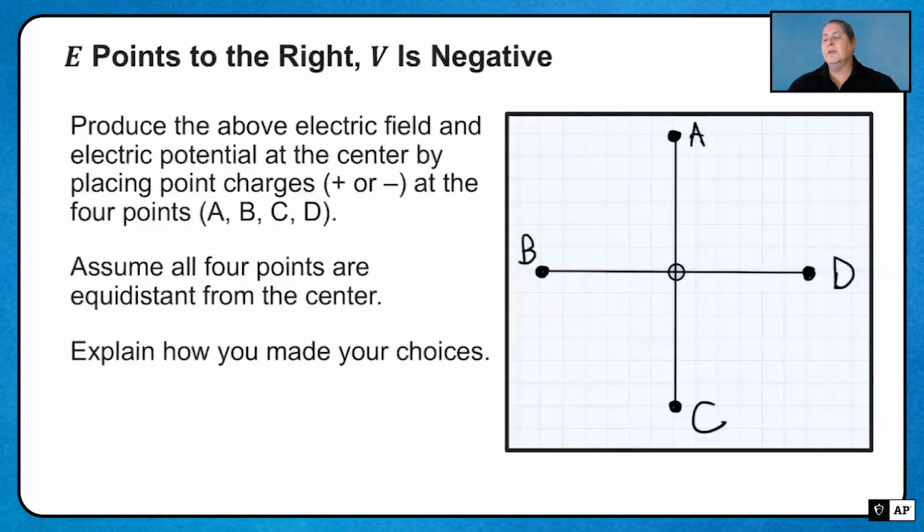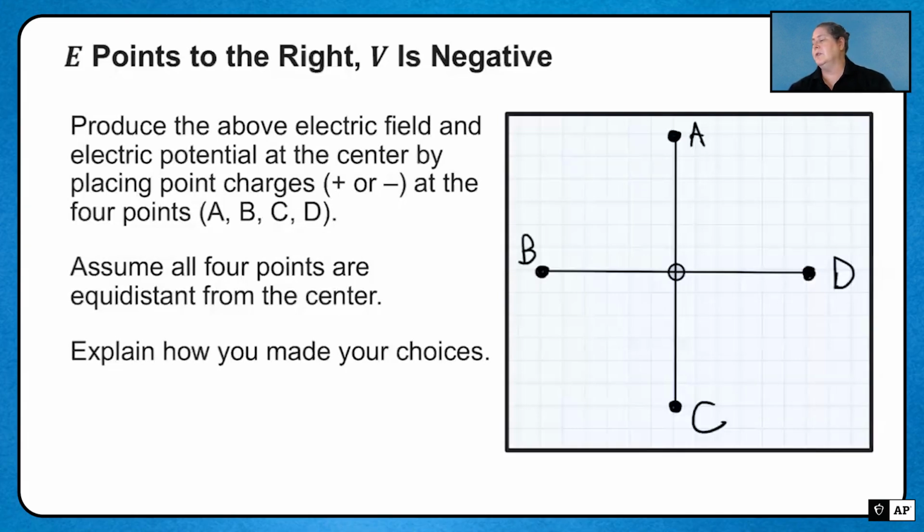If we want the electric field to point to the right and have the potential negative, that means either we have 3 negatives and 1 positive, or we have 4 negatives and no positives, but that would also give us an electric field of 0. So I'm going to have to go with 3 negatives and a positive, keeping in mind that an electric field wants to move from positive to negative.